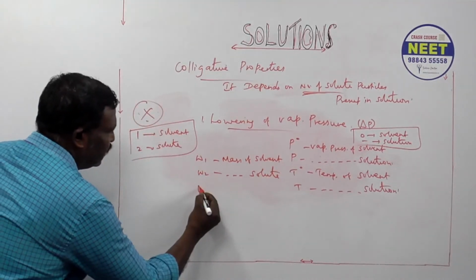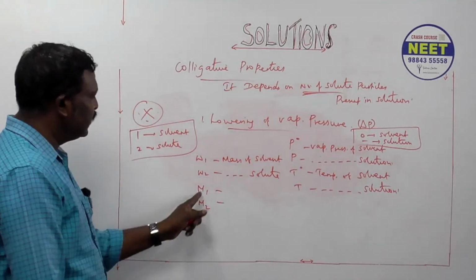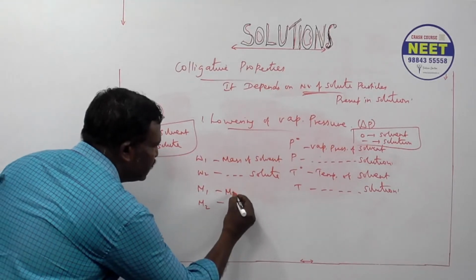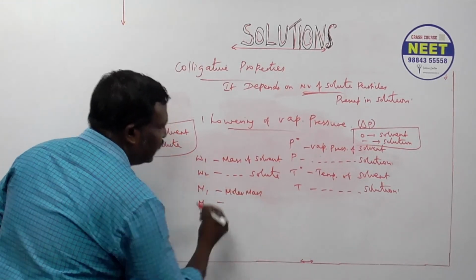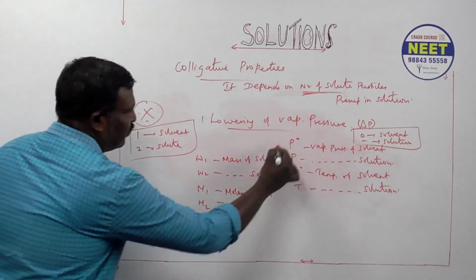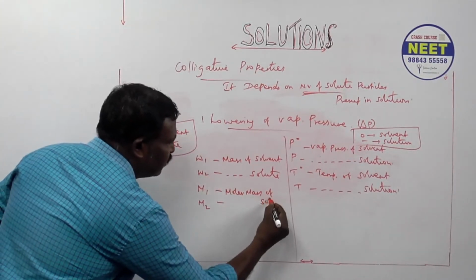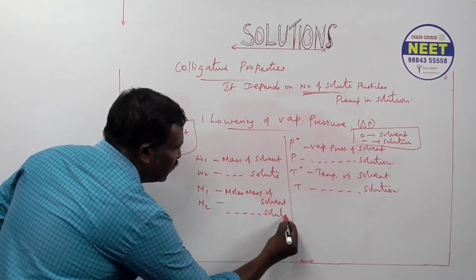So M1, M2, what is M1, M2? Molar mass. Everything they will give; you substitute and we can get the answer. Molar mass of solvent, and molar mass of solute.